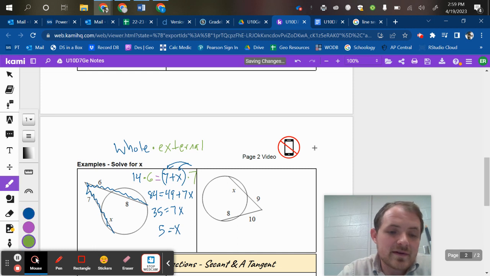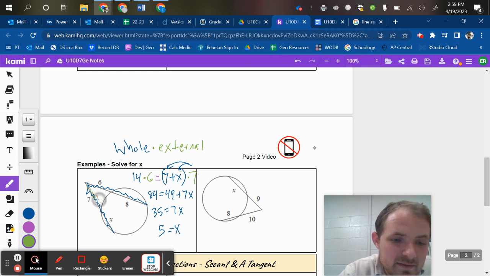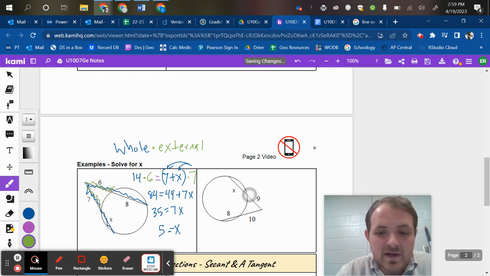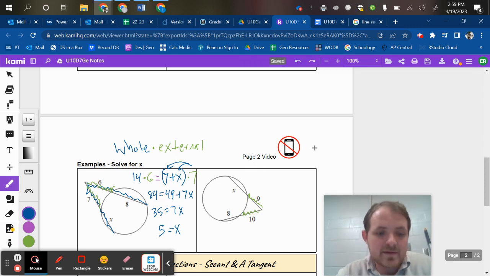So again, I'll label those externals in green down there. And the wholes are in blue. So if the externals are in green here, we're doing 9 times the whole. So the 9 is green times the whole thing, which is 9 plus x.